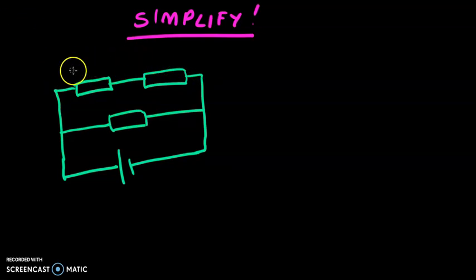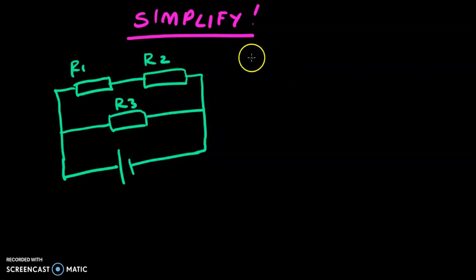So let's just put our values there. R1, R2, R3. We won't worry about the numbers just for a minute. But because this is overall parallel, we have to solve and simplify the series bit first, which is actually the easiest thing to do.